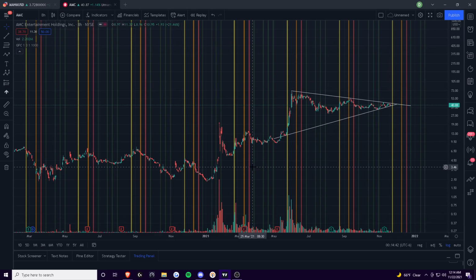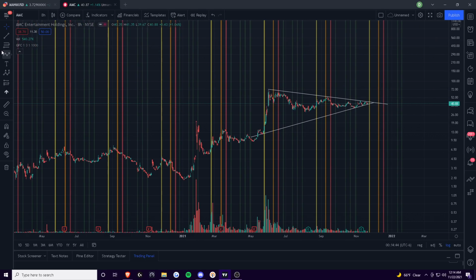And you can see that now. So this one, after the yellow, you had a downtrend. But other than that, the yellow has represented upside for AMC. You can see here and here and here.